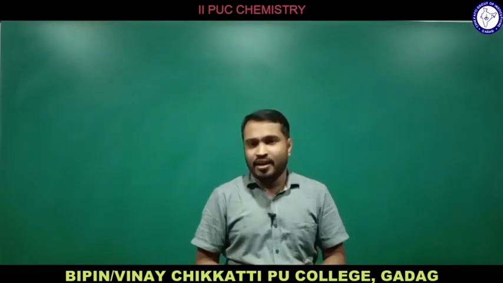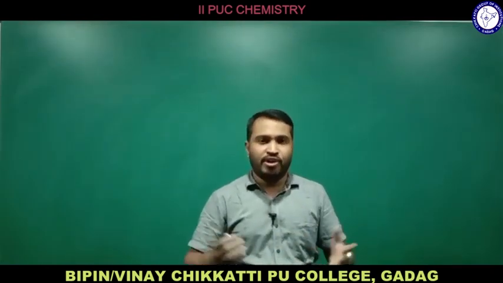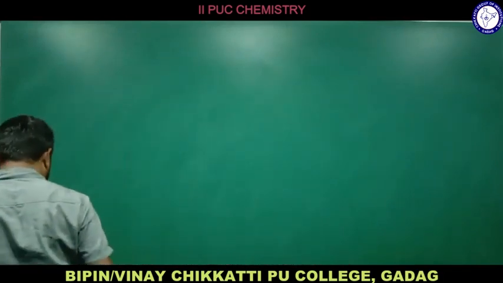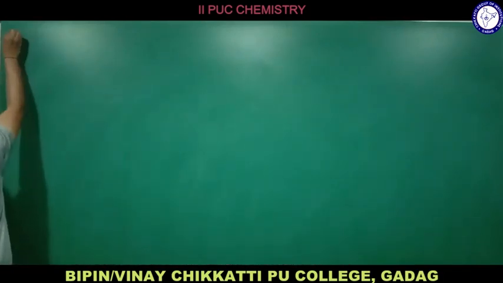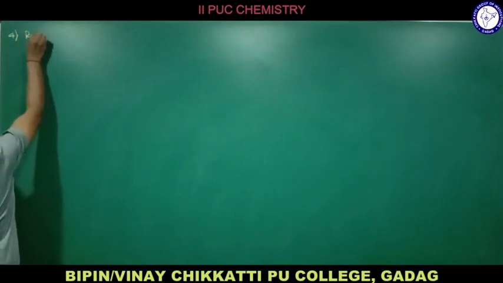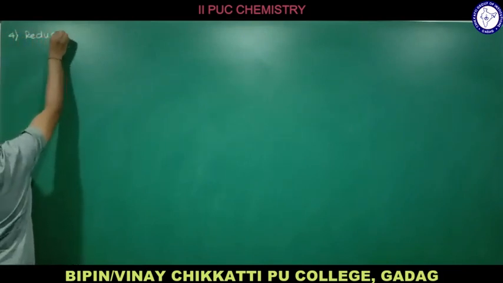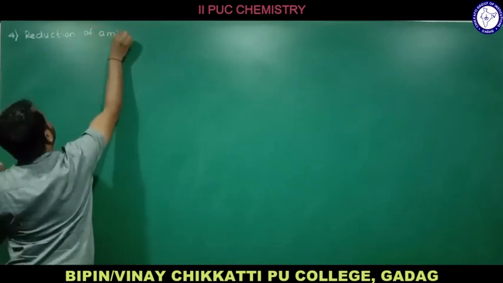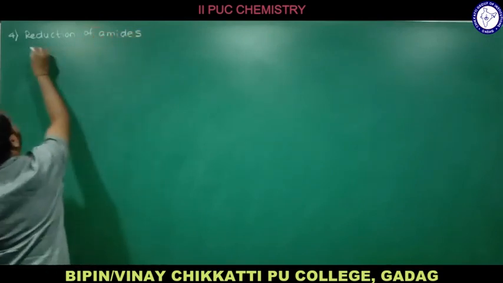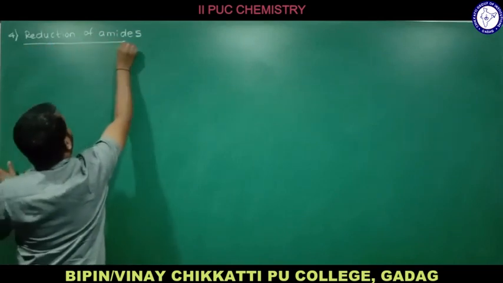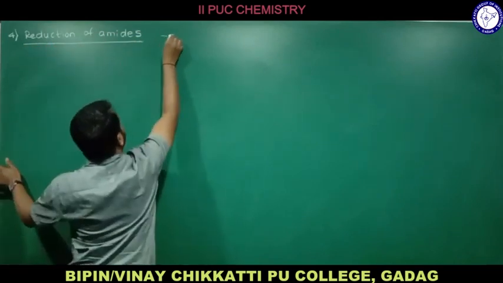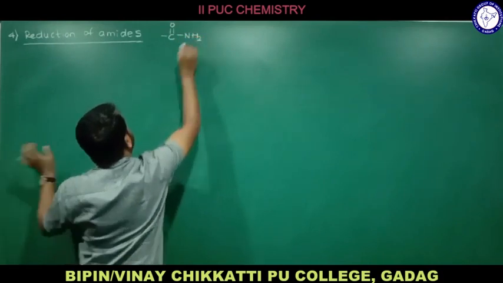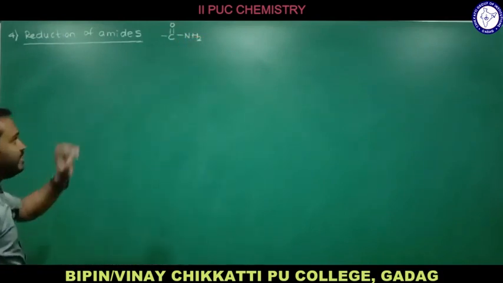Now we'll see the fourth method of preparation of amines, that is reduction of amides. Amides, the word I used, as we know, C double bond O NH2, that is termed as amide.